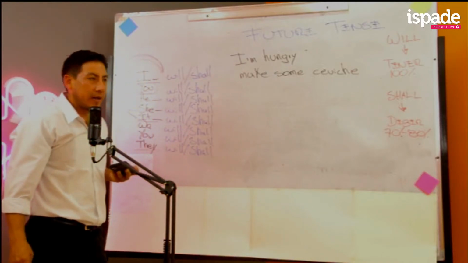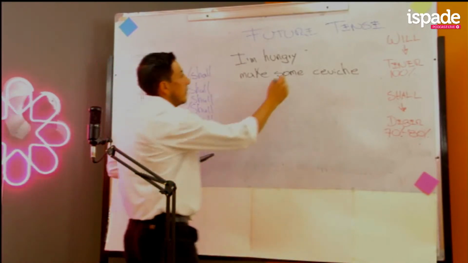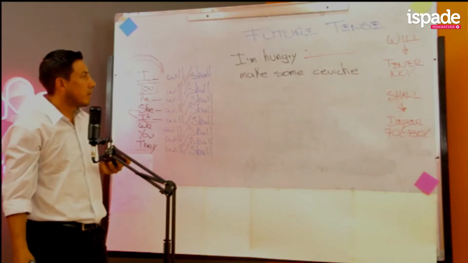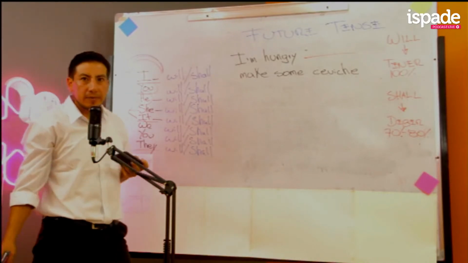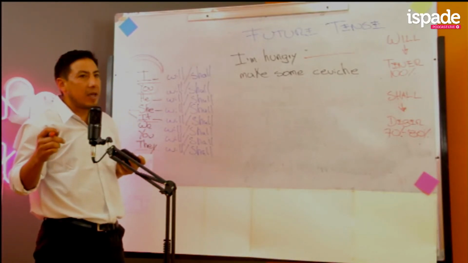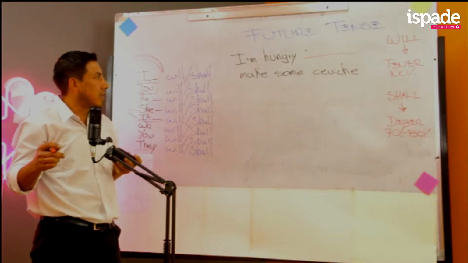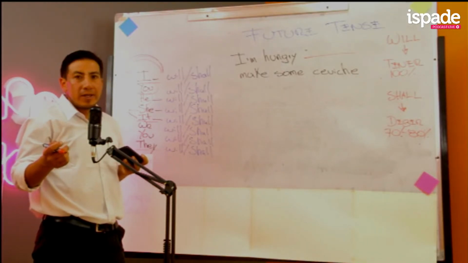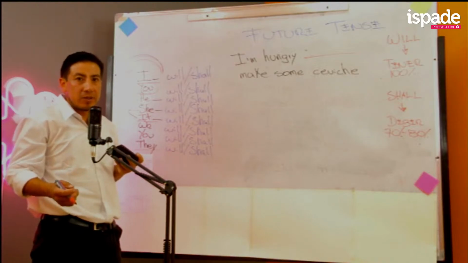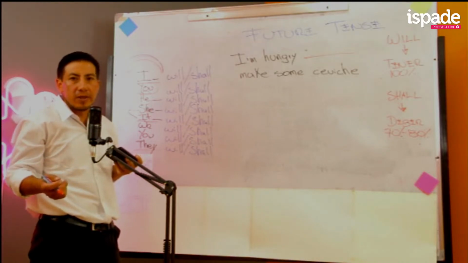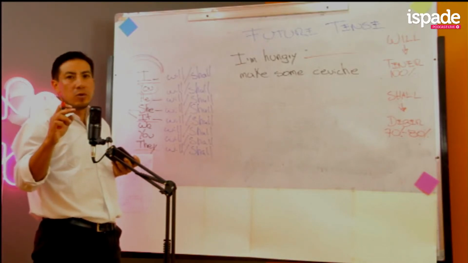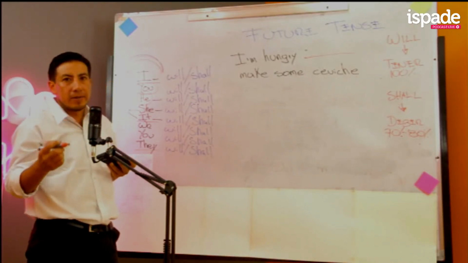Okay, so here we got an example. I'm hungry. Make some ceviche. If I say, I'm hungry, that means tengo hambre. What does it mean? That I have to eat something, obligatory. So, what would you use? Will or shall?